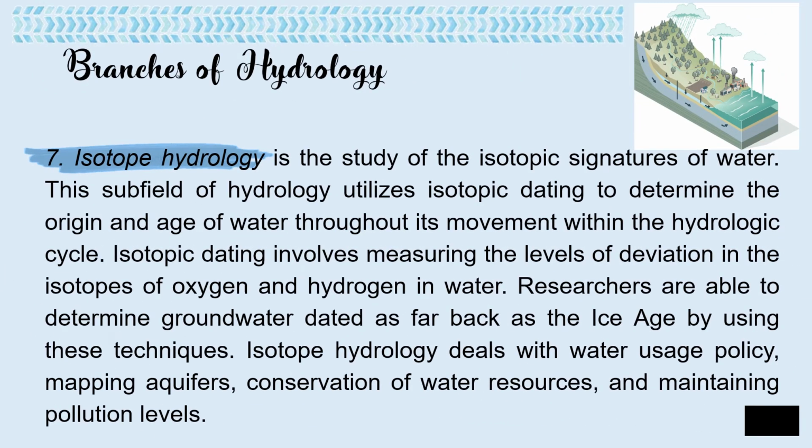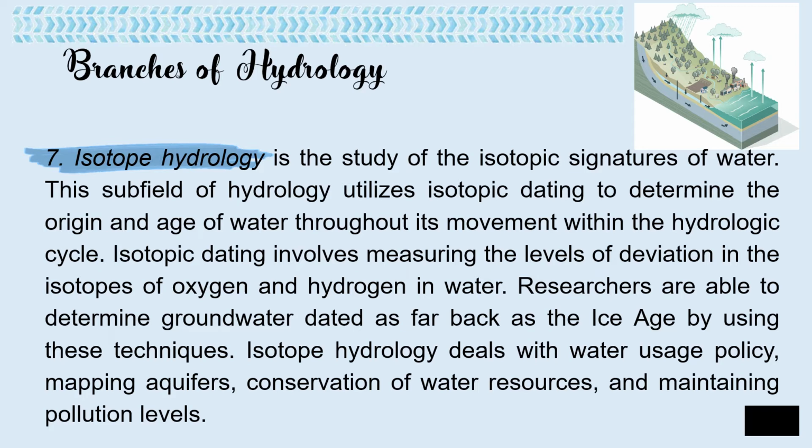Number 7, isotope hydrology is the study of the isotopic signatures of water. This subfield of hydrology utilizes isotopic dating to determine the origin and age of water throughout its movement within the hydrologic cycle.